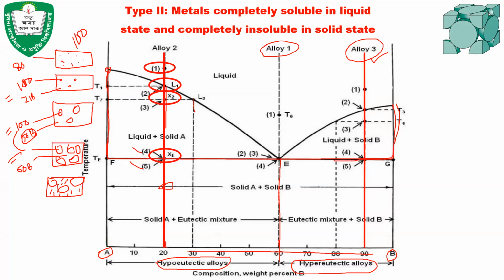Yes, of course it is liquid. Why not? Because at temperature T2, this tie line intersects the liquidus line at L2, and this point will give the composition of liquid, right? Yes, sir.